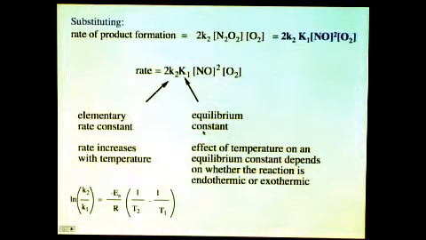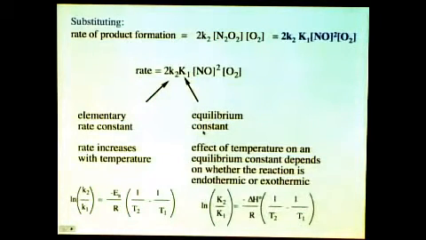Well, what about the equilibrium constant? We've talked about this back in chemical equilibrium, that the effect of temperature on an equilibrium constant depends on whether the reaction is endothermic or exothermic. And you told me before the equation, that's the Van't Hoff equation shown here. Look how similar those equations are.